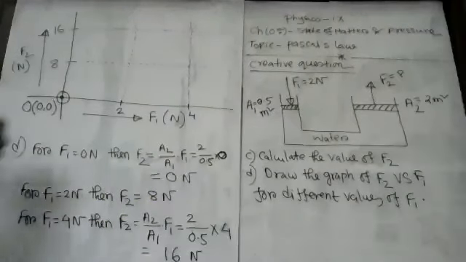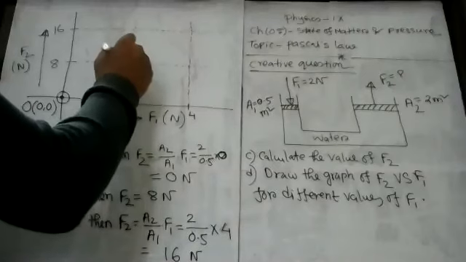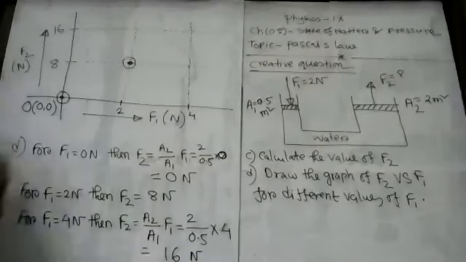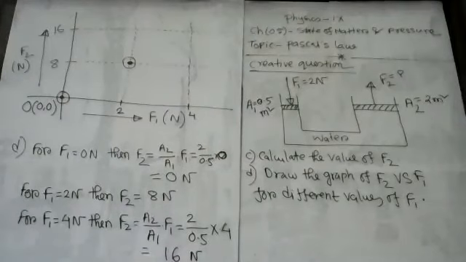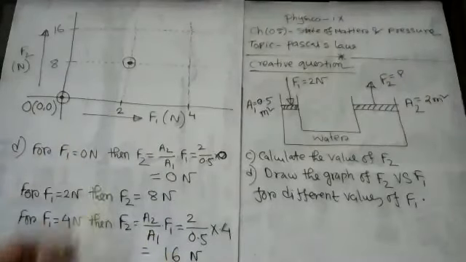So this is the 2 point and 8 point. The third point is here 4, 16 point. I repeat, the third point is 4, 16 point.